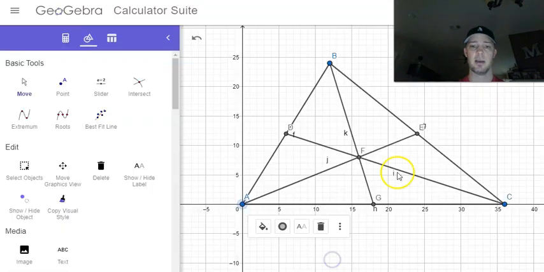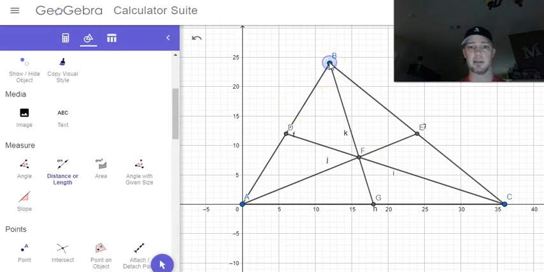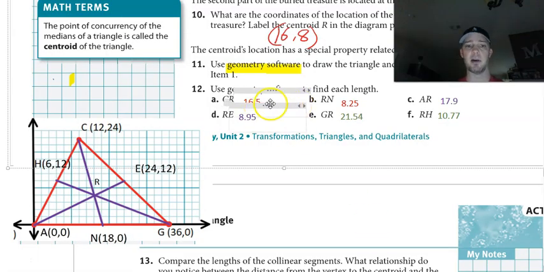So if I was to find the distance of these, I get 16.5, and if I did it again, I get 8.25. I already typed those in for you, but that's interesting. Those might be related.